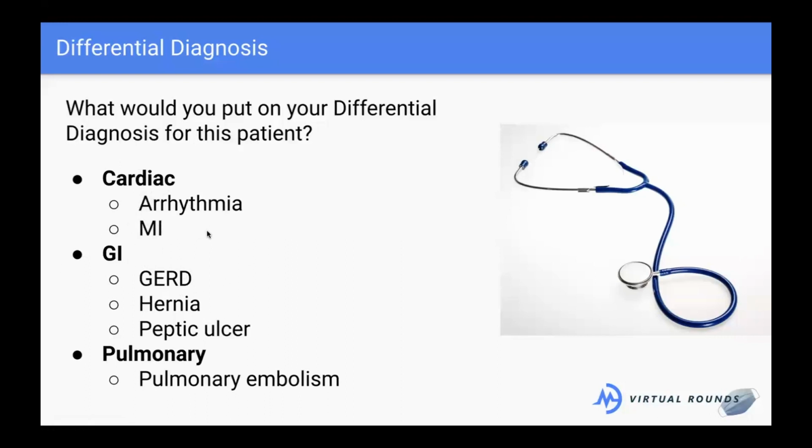Sometimes, I know it's in the chest, but your stomach actually sits quite high in the abdomen. So it could be GERD or gastric reflux. He may have a hernia, may have an ulcer. Pulmonary embolism is a giant blood clot in the vessels leading from the heart to the lung. If you get one of these giant clots, you can actually die pretty quickly.